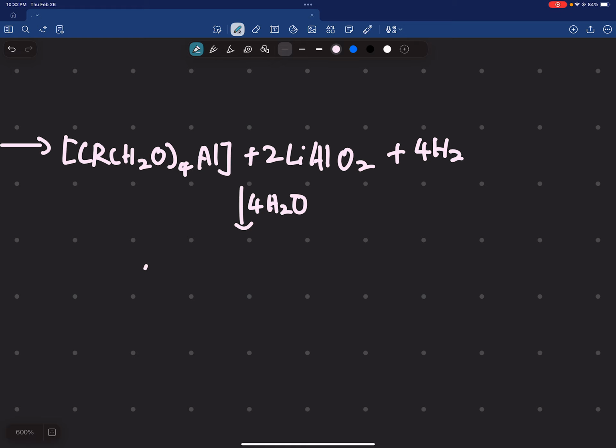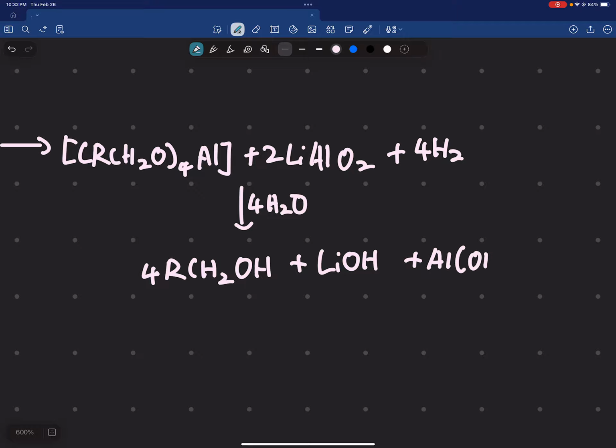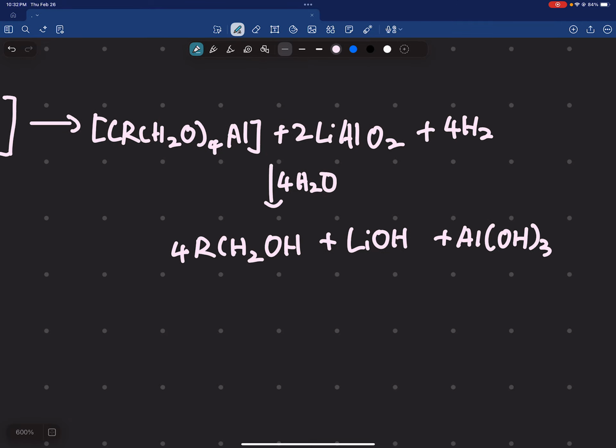This will turn it into 4 RCH2OH. Just going to quench our product. Well, not so much quench it, but protonate it. Lithium hydroxide and our aluminum hydroxide, like so.